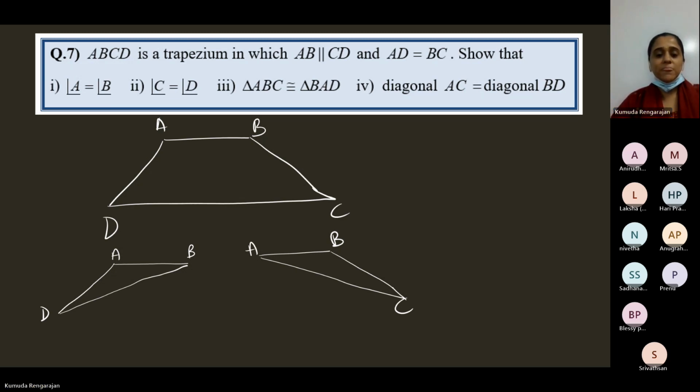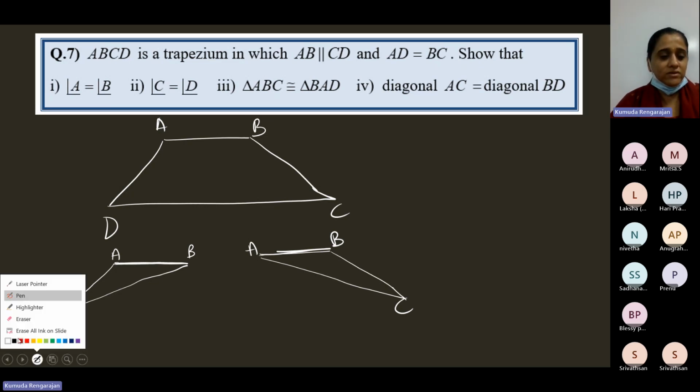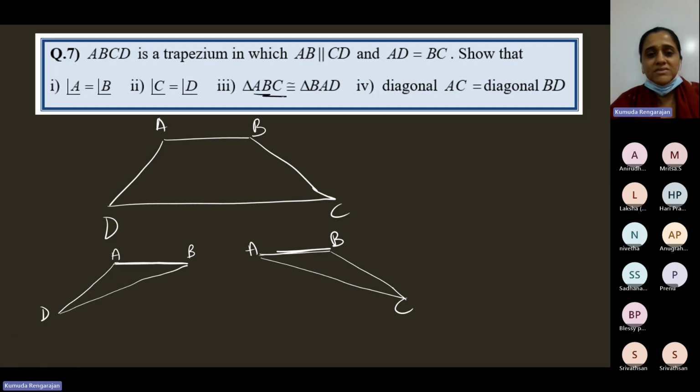All right. So you can see AB, AB. Both the triangles have a common side AB. You can see it from the names itself here, ABC, BAD. See here, BA, AB. They have a common side. So AB is a common side.